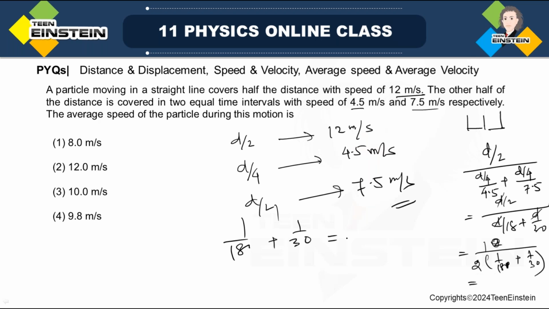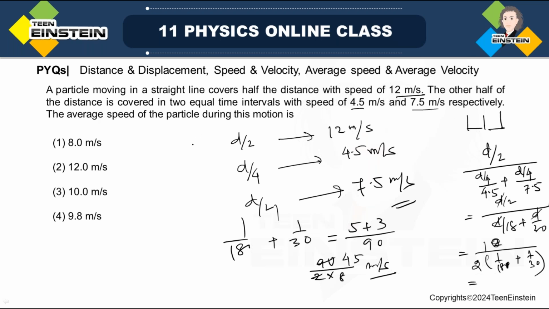This will give you 95 plus 3, 8. So 8. So 90 goes up. 90 by 2 into 8. Okay, this will be 45 by 8 meter per second, the average speed for the other half.